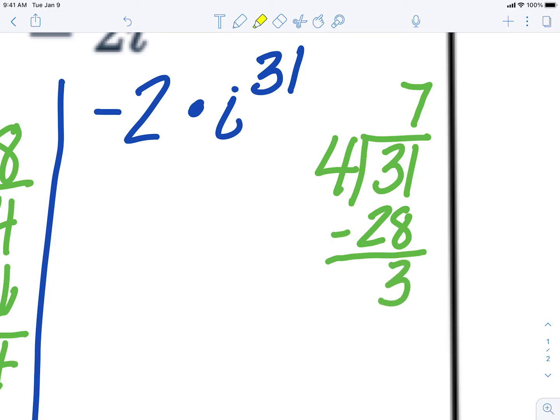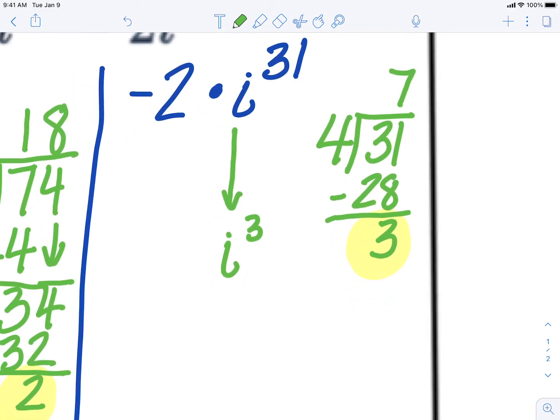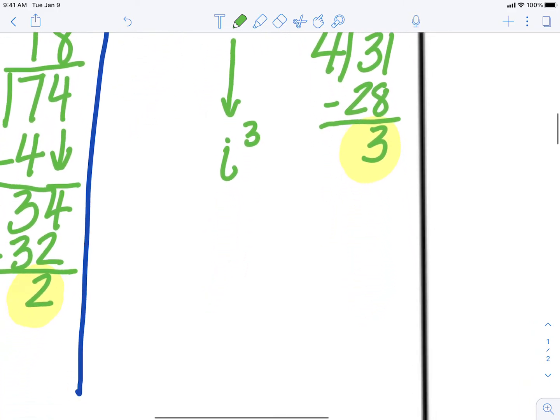So this is my new remainder. So I'm going to rewrite i to the 31 as i to the power of 3. And if I use my imaginary key, i to the power of 3 is negative i.